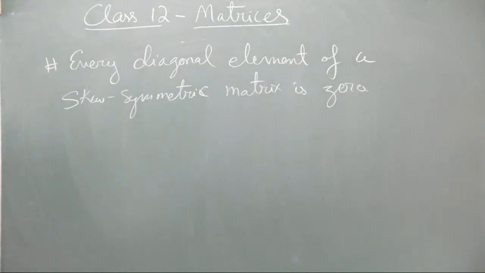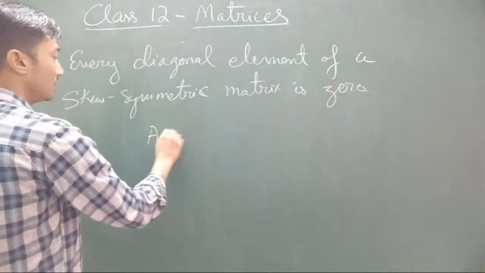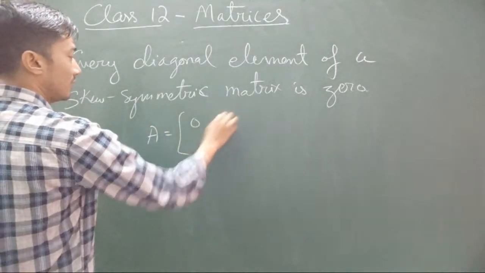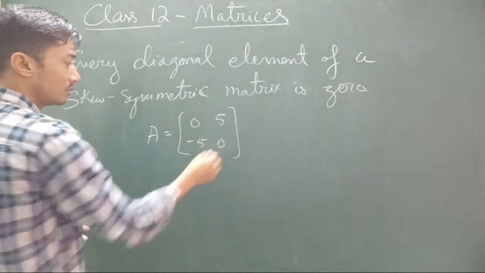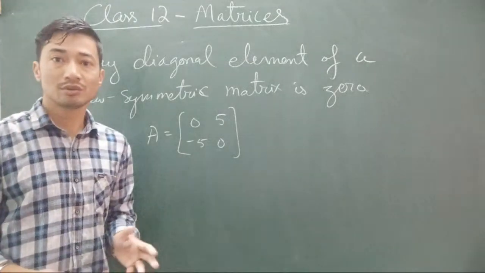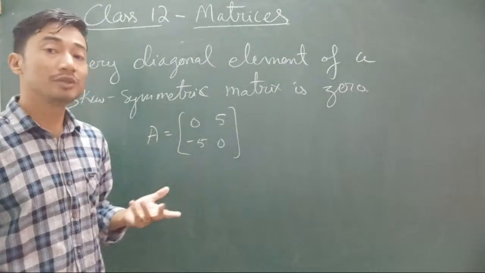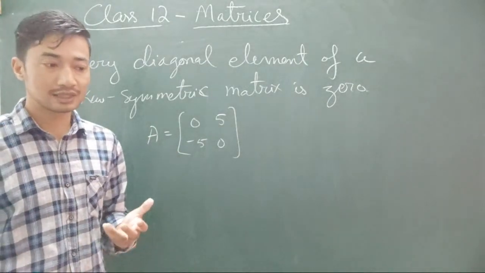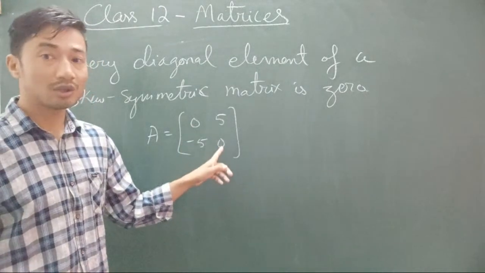Every diagonal element of a skew-symmetric matrix is always 0. So that's why, if you remember, the matrix that I gave you before was 0, 5, minus 5, 0. So you could see that the diagonal elements A11, A22 were 0. So you'll find that in every skew-symmetric matrix the diagonal elements will be 0. That's one way to recognize a skew-symmetric matrix. Its diagonal elements will always be 0.